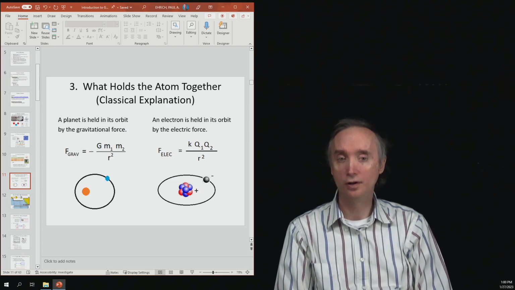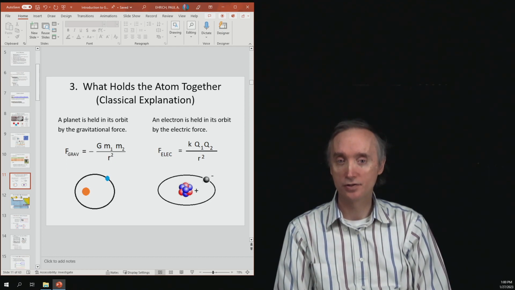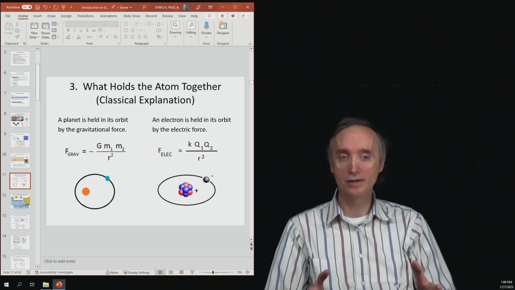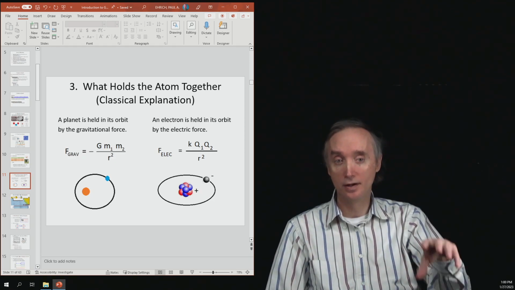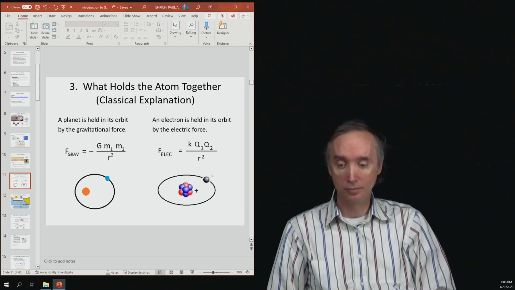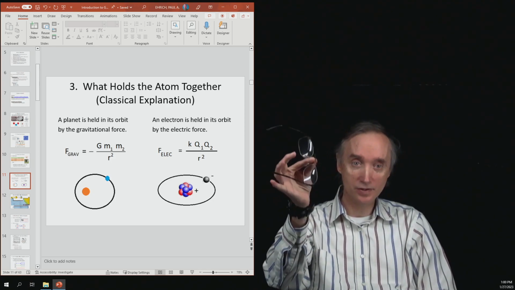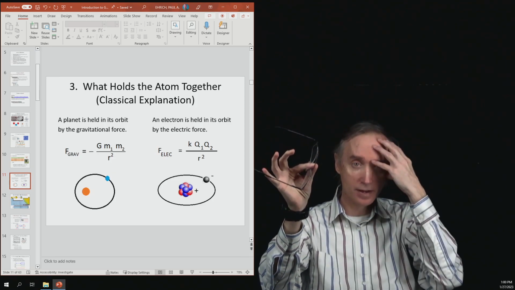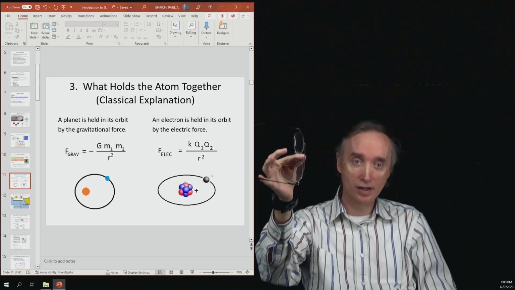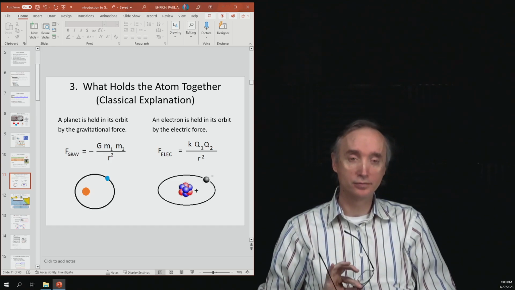Any two objects that have mass pull on each other because of gravity. So it's not just that the Earth pulls on you because you have mass and the Earth has mass. For example, these glasses here have mass and I have mass, and so these glasses are pulled towards my face.